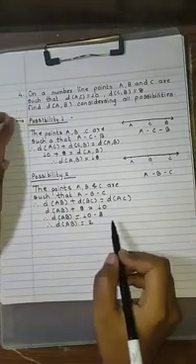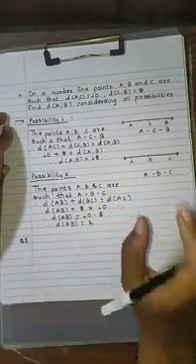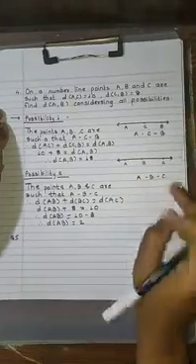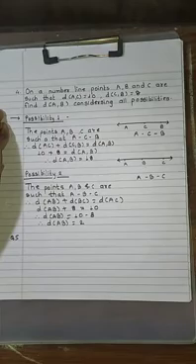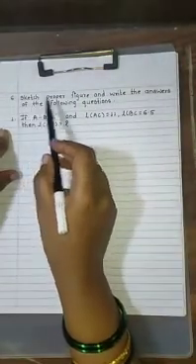Is it clear till here? Now question number 5 is also in the same way. You have to solve question number 5 in the same way. You can take it as your homework. Now question number 6 is, sketch proper figure and write the answers of the following questions.